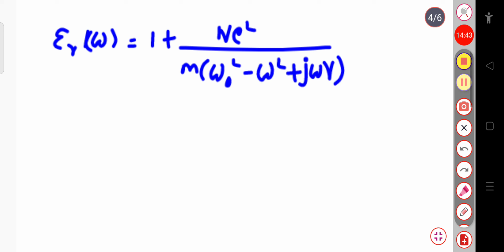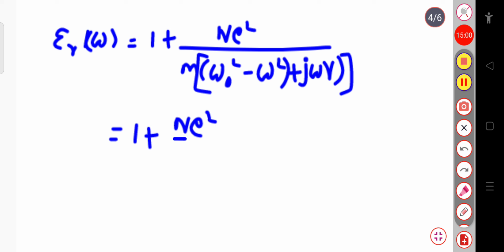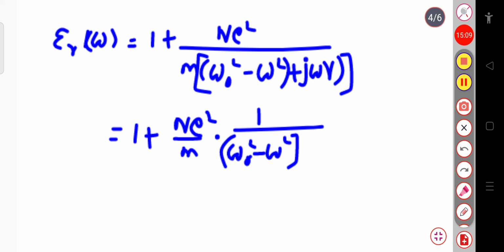Since it is a complex number, I have to multiply its complex conjugate in the denominator and numerator. This part is your real part and this omega gamma is your imaginary part. So this is equal to 1 plus N e square divided by m into 1 by omega naught square minus omega square plus j omega gamma term.